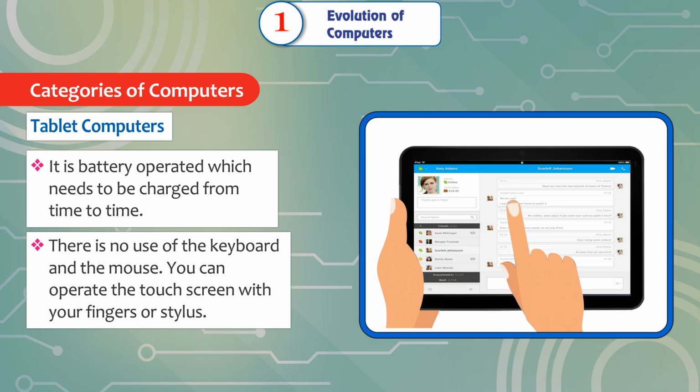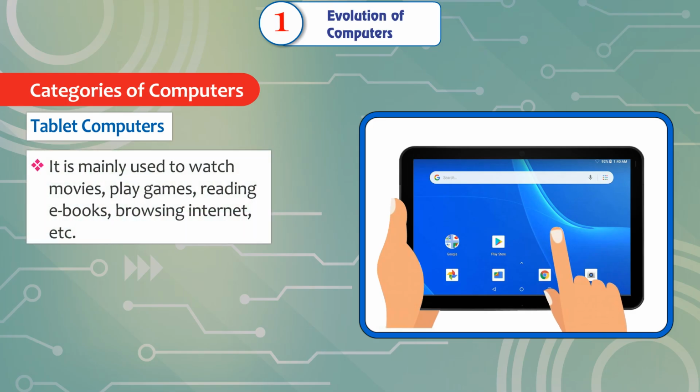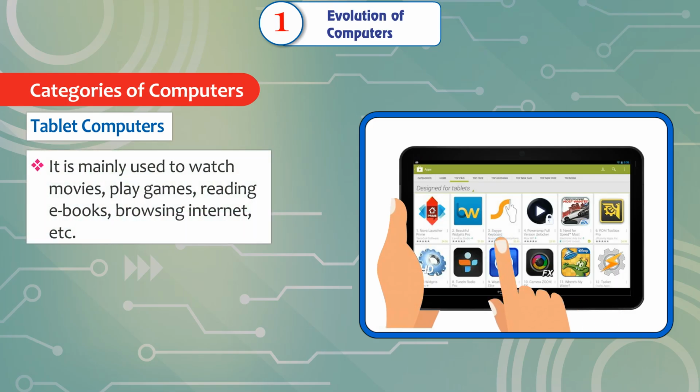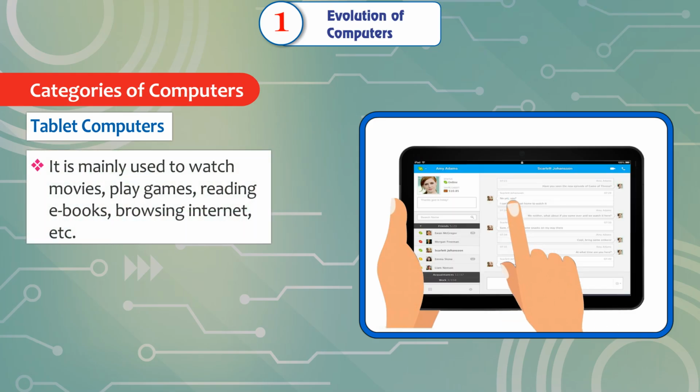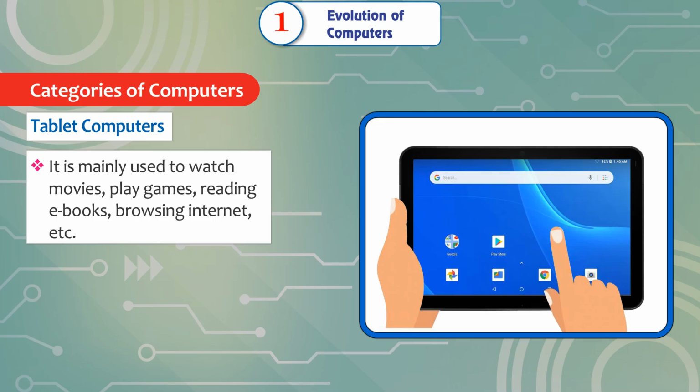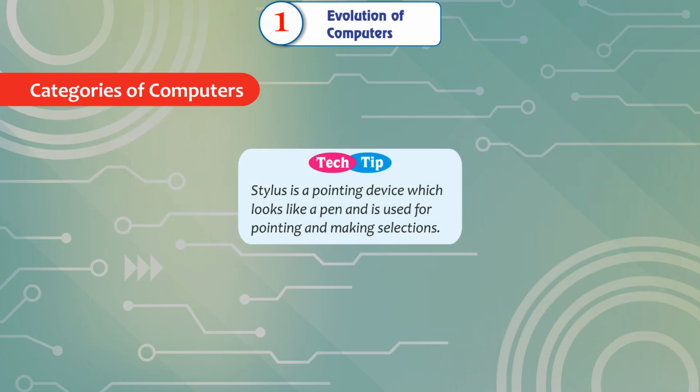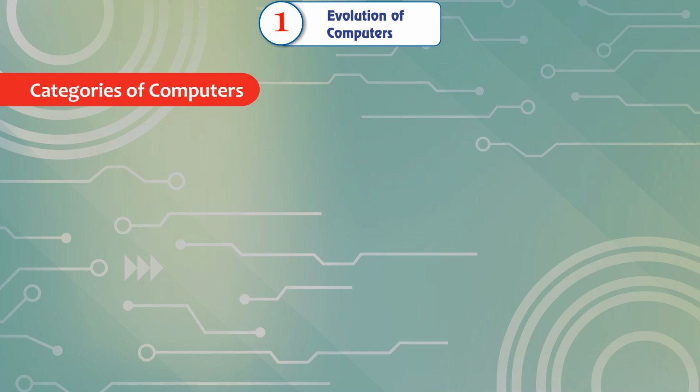You can operate the touchscreen with your fingers or stylus. It is mainly used to watch movies, play games, read e-books, browse the internet, etc. Tech tip. Stylus is a pointing device which looks like a pen and is used for pointing and making selections.